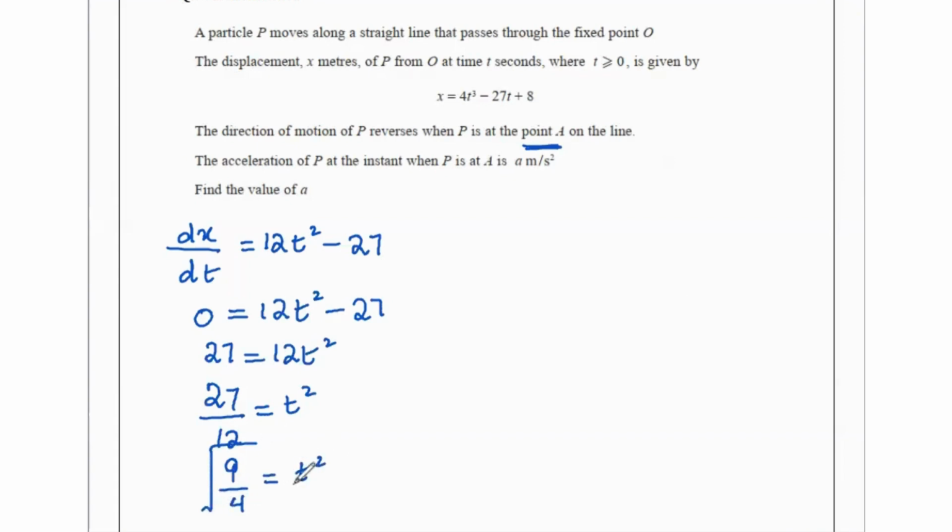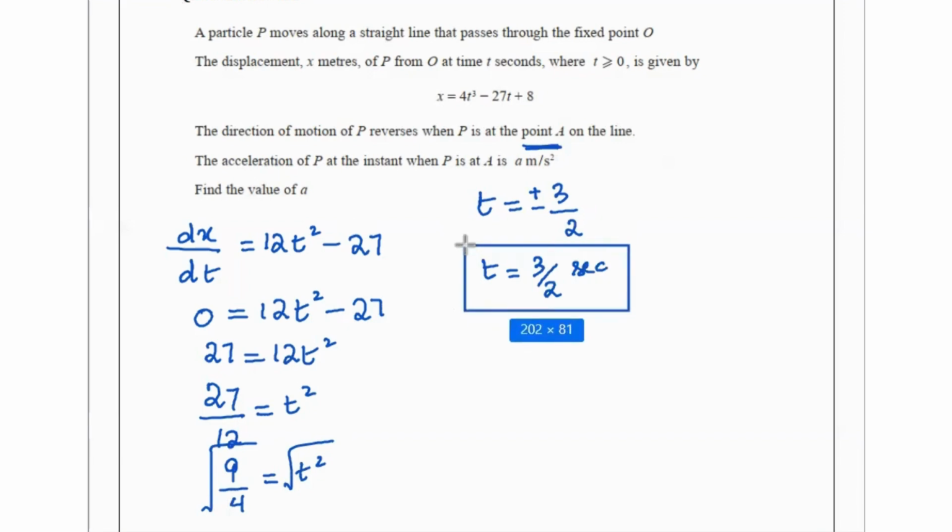Take the square root on both sides. So t equals plus minus 3 over 2. Since we're talking about time, obviously we cannot take the negative value. So our focus is only going to be on the positive 3 over 2.